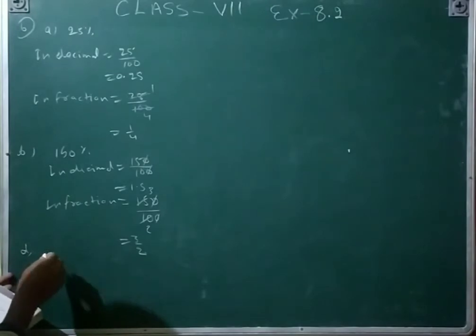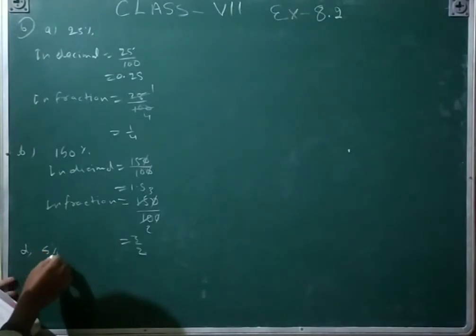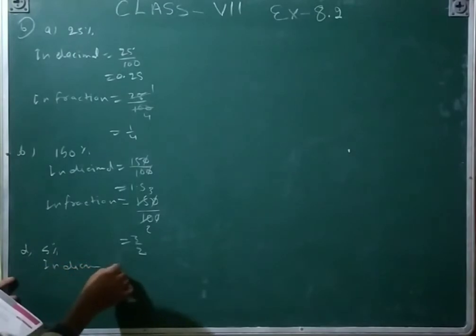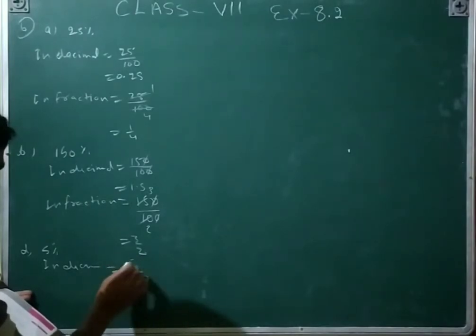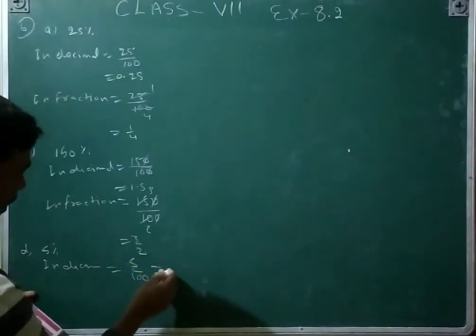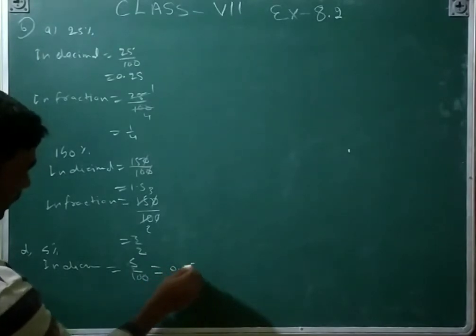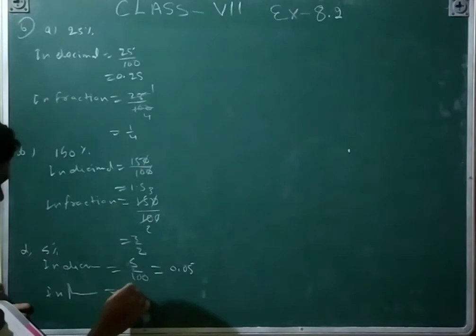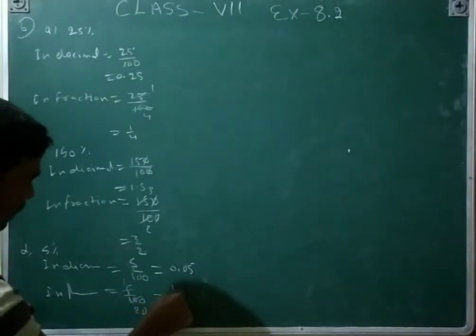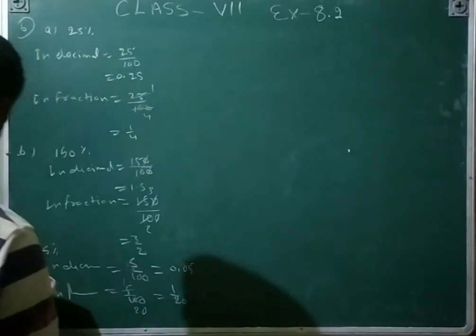C part is 5%. In decimal, that is 5 upon 100, that will be 0.05. In fraction, that will be 5 upon 100, 5 1s are 5, 5 20s are 100, that is 1 upon 20.